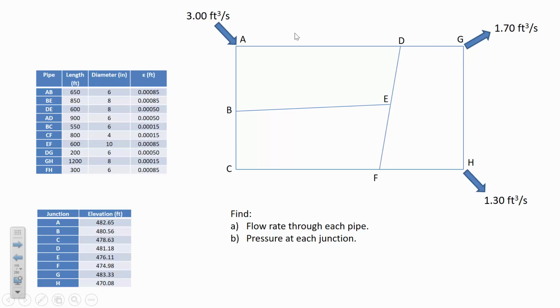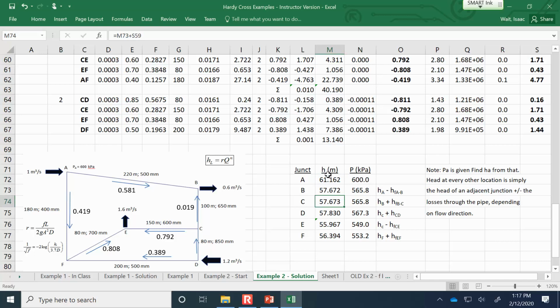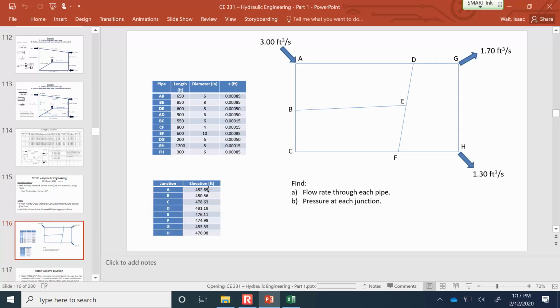So you'll figure out the initial guess of flow through each pipe and do that spreadsheet process. But in the end, when you calculate the head at each location, the pressure also has to take into account the elevation differences at each location.